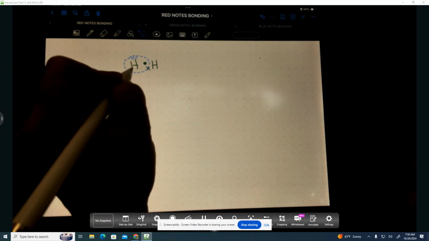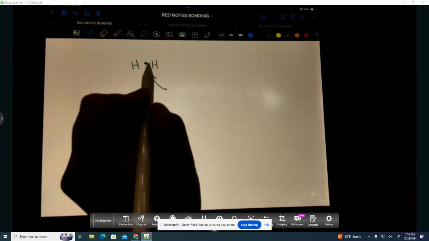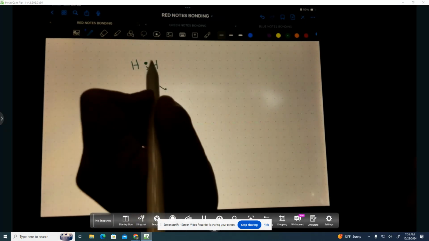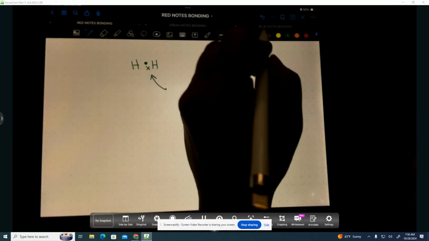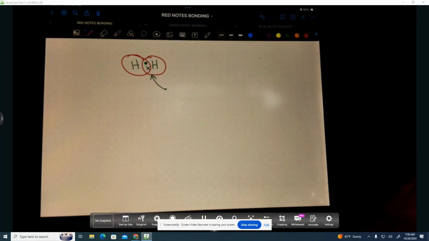This hydrogen comes, that hydrogen's there, there's your covalent bond right there. One electron came from this hydrogen, one electron came from this hydrogen, and both of them get use of those 2 electrons. Okay? Is this a molecule? Yes, it's a molecule. It's a molecule because it has a covalent bond in it.